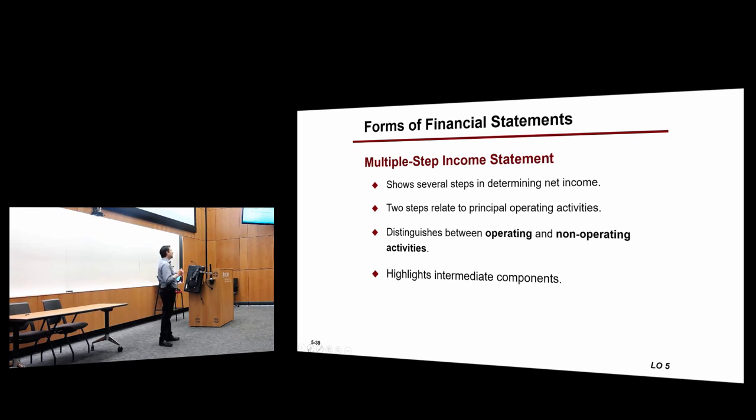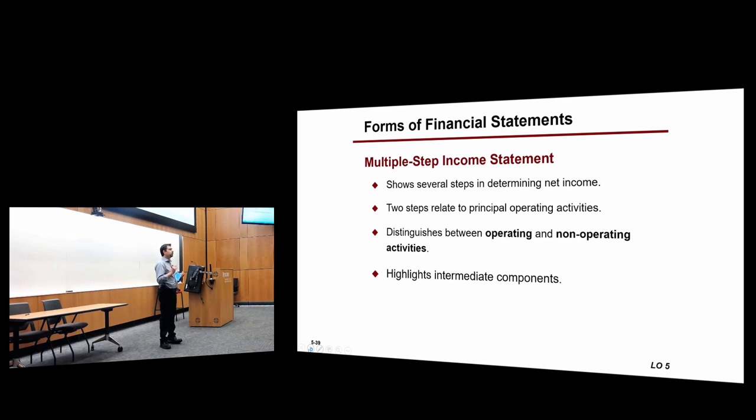So when you want to analyze the profitability of the company, some people discount that information. They don't give it the same weight as operating activities. Operating activities come from sales revenues and service revenues, etc. Those are expected to happen every year, right? And this is why companies provide this multiple-step income statement.